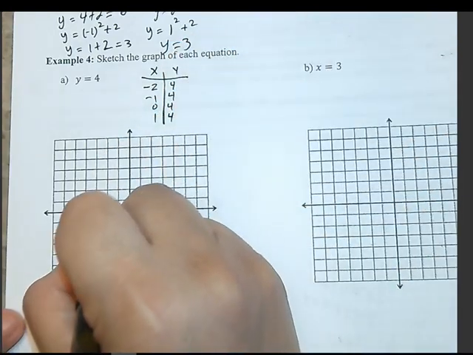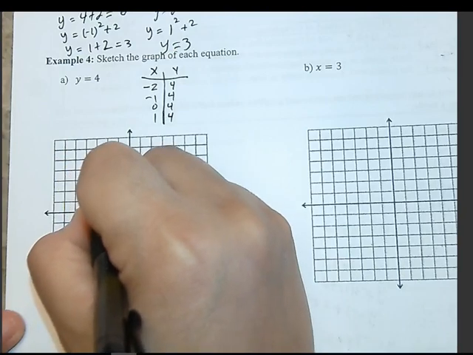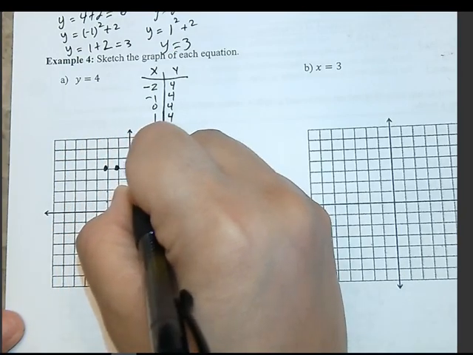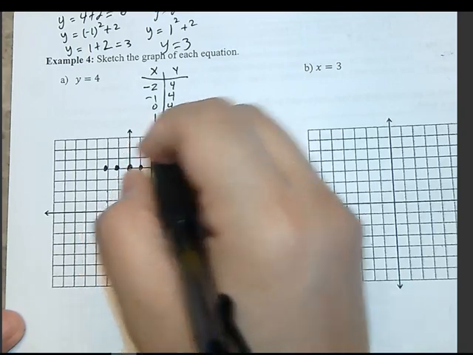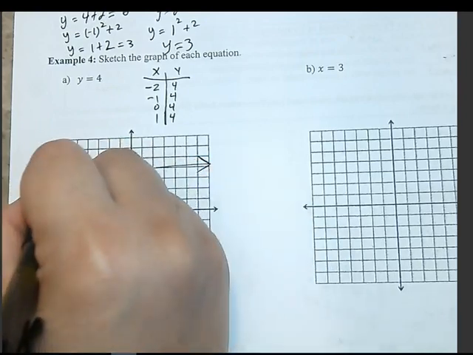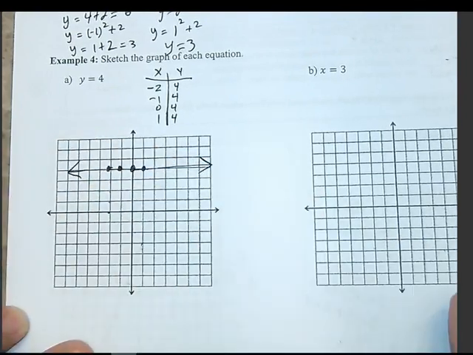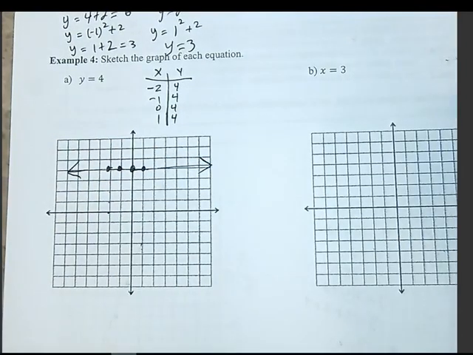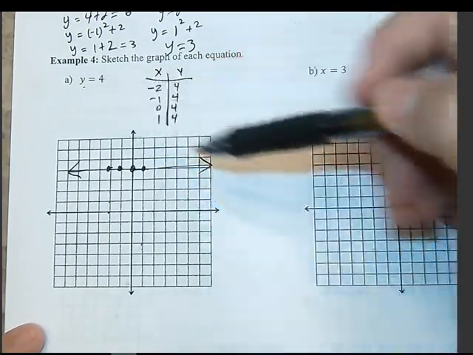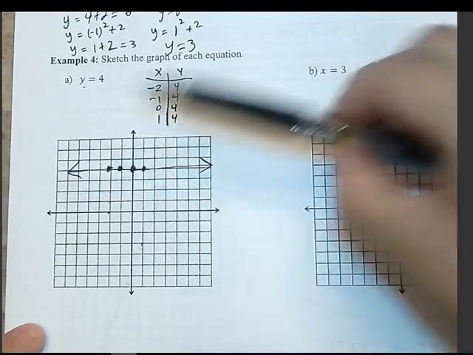So we plot this in, we get negative 2 and 4, negative 1 and 4, 0 and 4, 1 and 4, and so on. So if I connect my points, then we get a horizontal line at y equals 4. So anytime you have y and a constant, it's going to be a horizontal line.